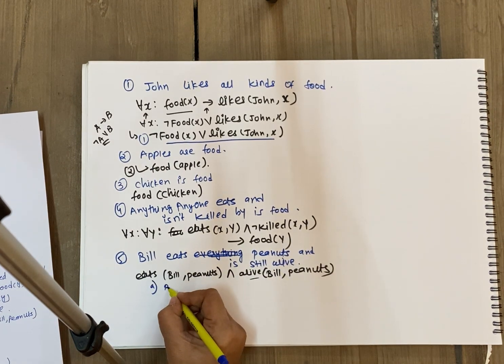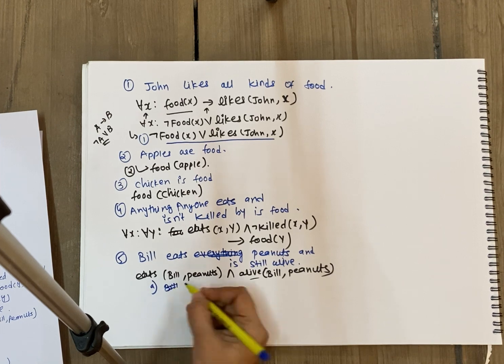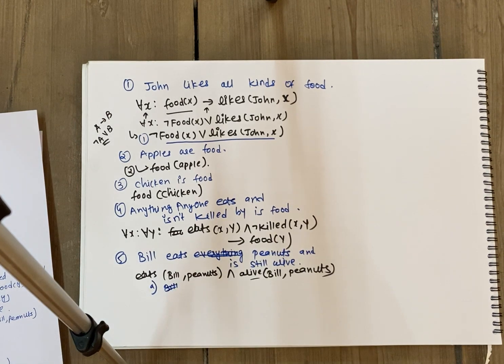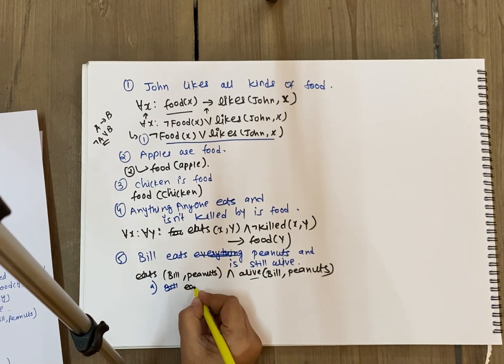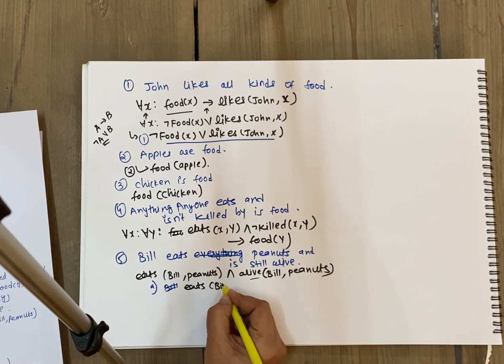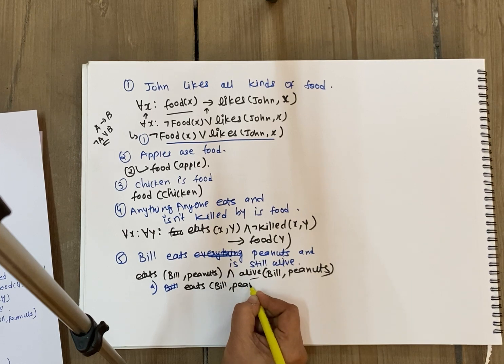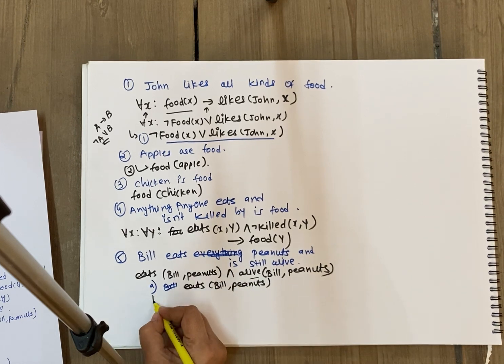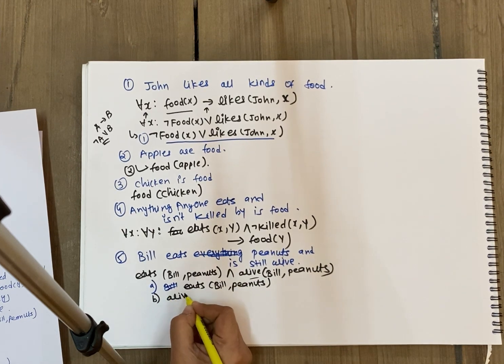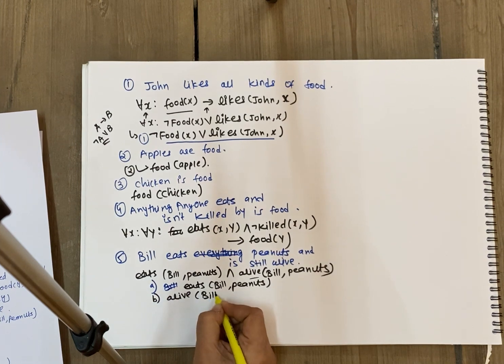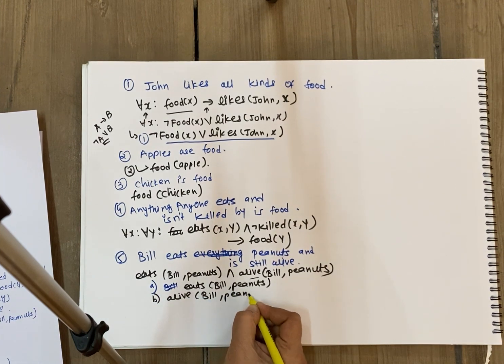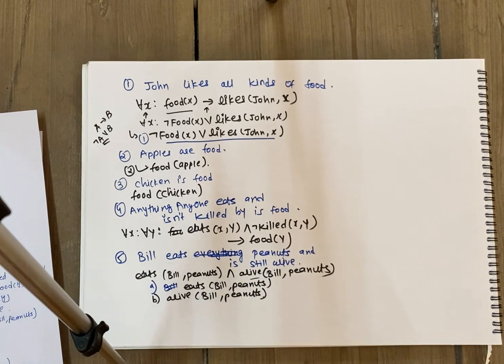Both will be separated because they have conjunction in between. So eats Bill, comma, peanuts, that is separate, and the second one, alive Bill, comma, peanuts, that is also separated over here. Okay.